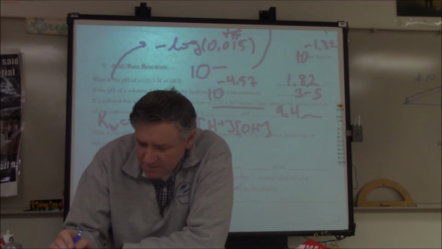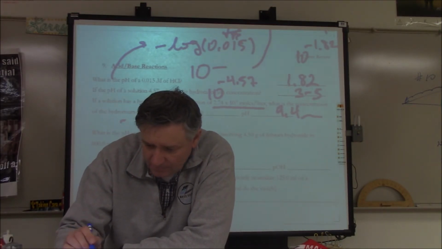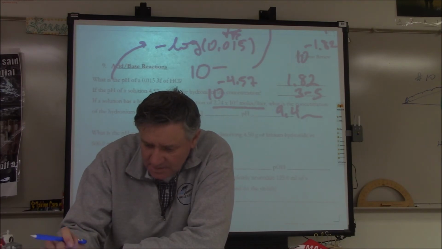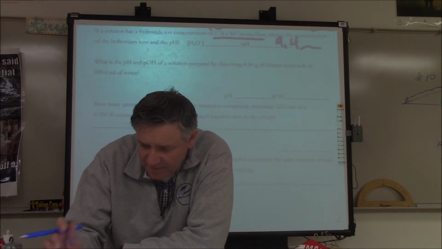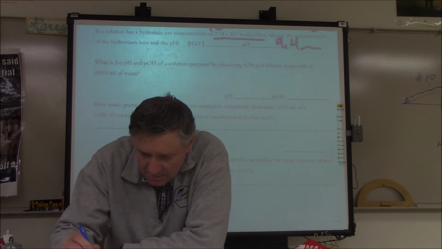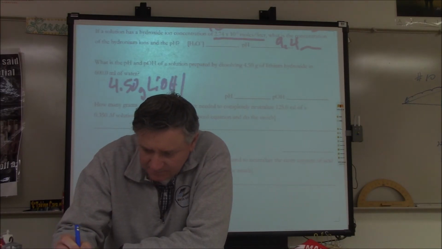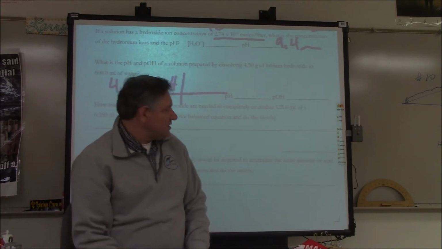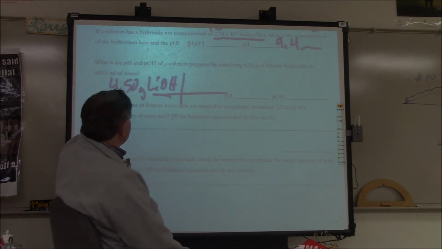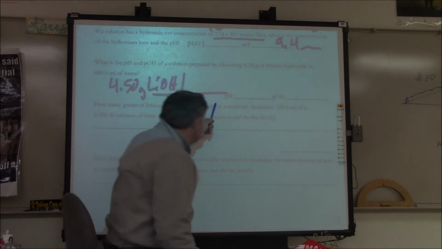Now, when you get to this one, okay? The next one's a little bit trickier because I've got 4.5 grams of lithium hydroxide. So here's the deal. Take the 4.5 grams, change that into moles.